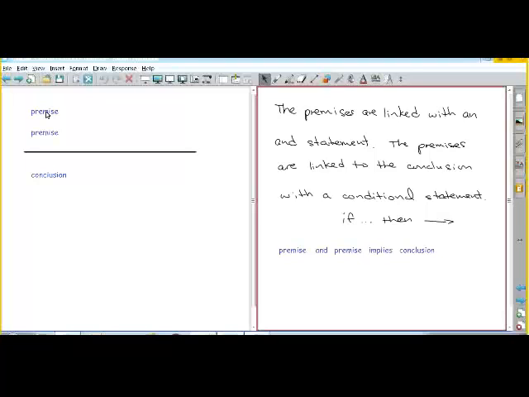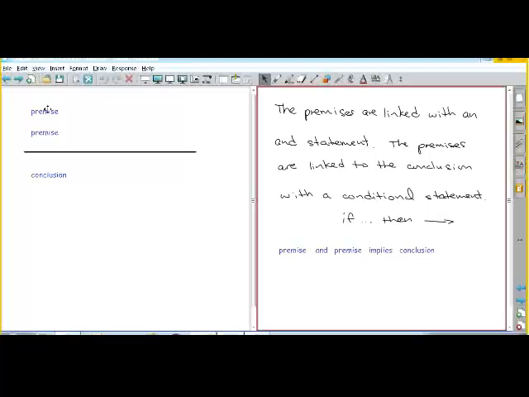It's connected by an and. Then the last statement is the conclusion. Let me repeat that. If you study hard, then you'll get an A, premise 1. I studied hard, premise 2. I got an A, that's the conclusion.